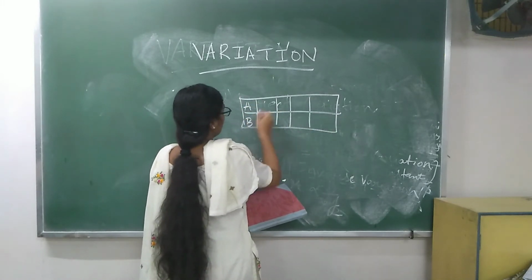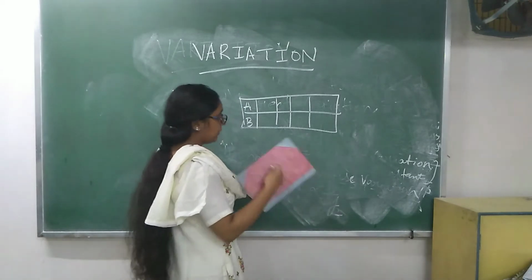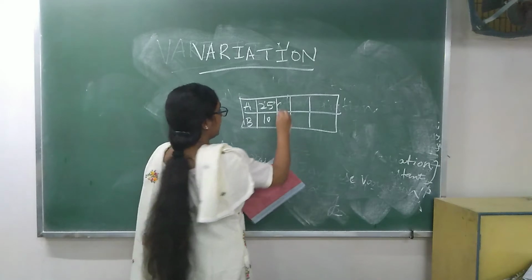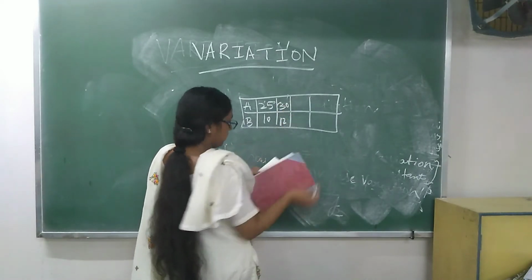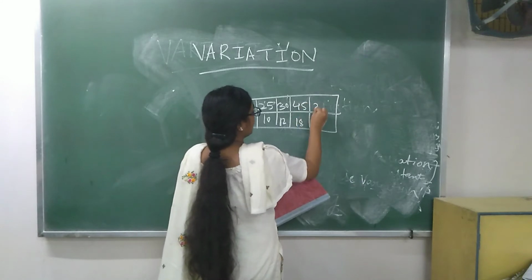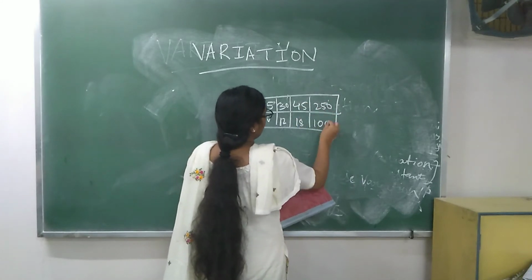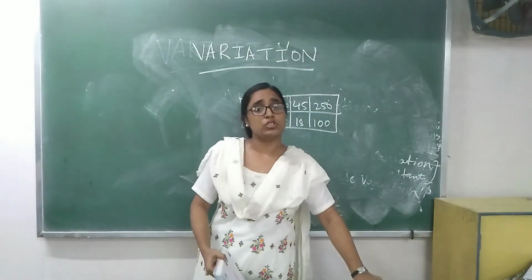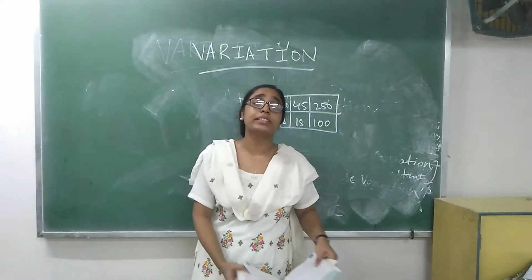A, B: 25, 10; 30, 12; 45, 18; 250, 100. Now, in this one, you have to find whether the relation is direct or indirect, and you have to find the k value.